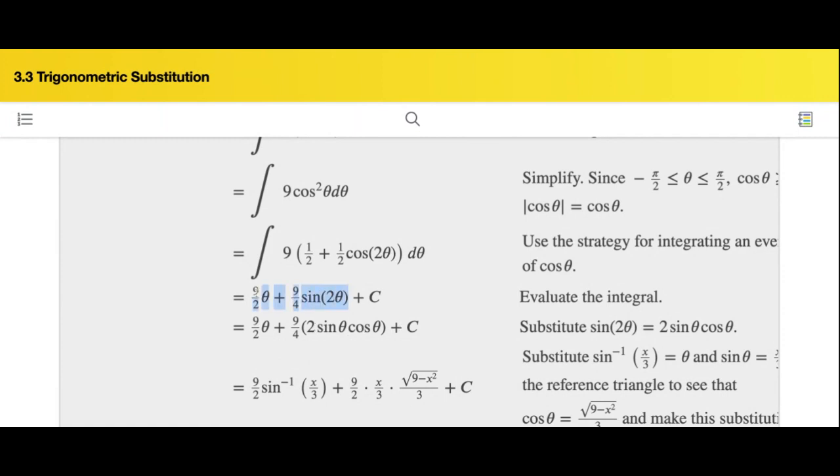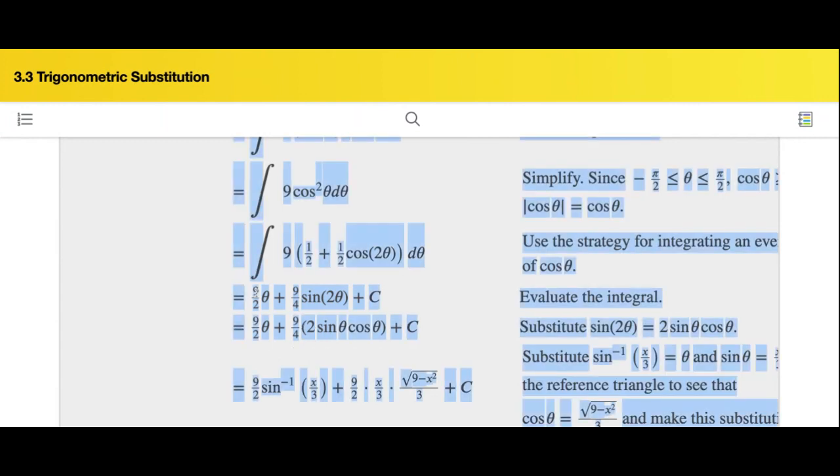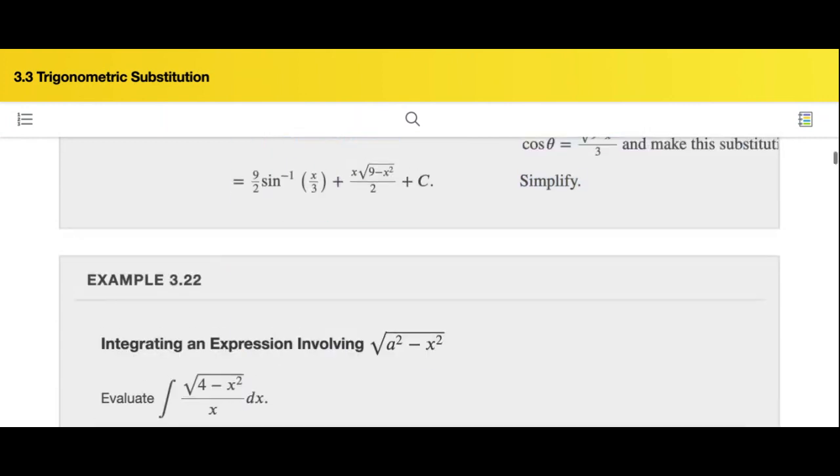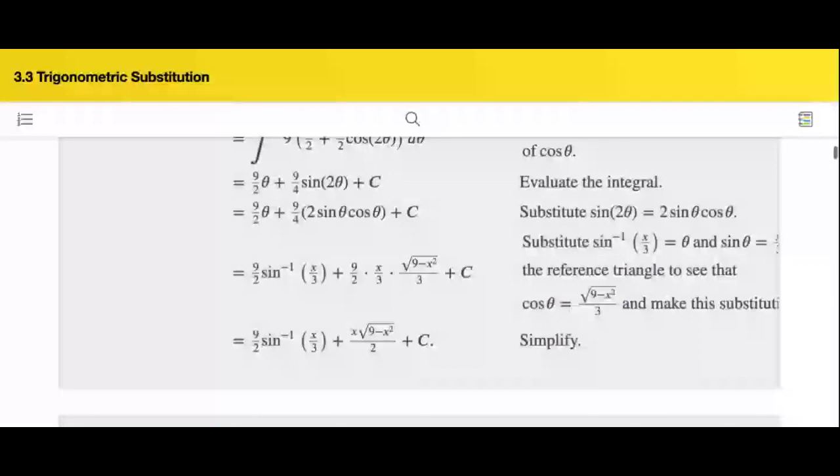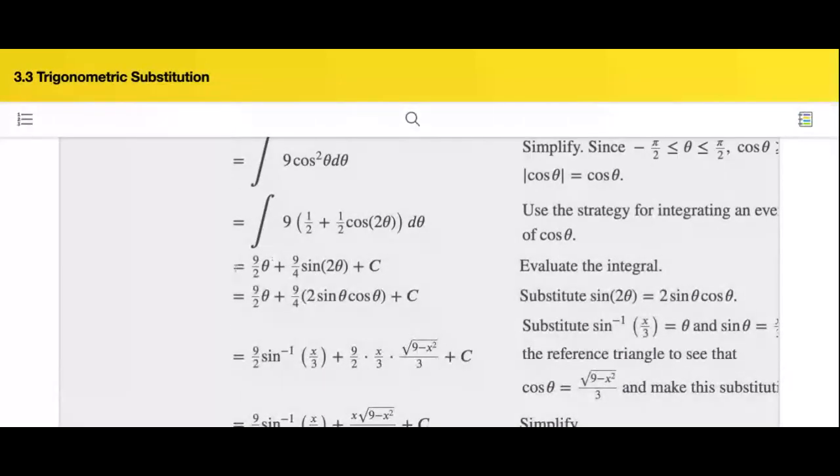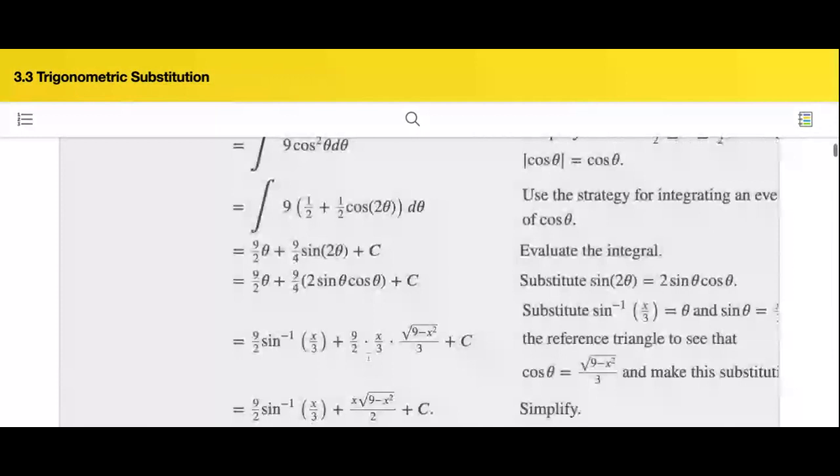I think this line is a perfect answer with the triangle. If you draw the triangle and mark the theta with this answer, that should be fine. We don't need to do the rest.